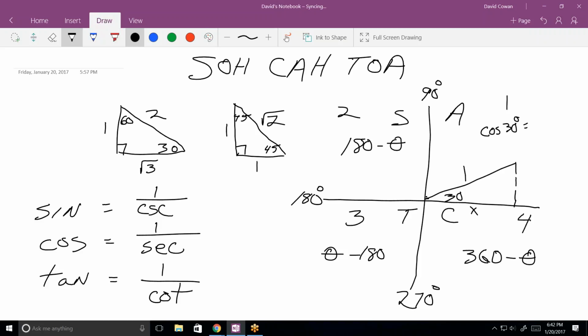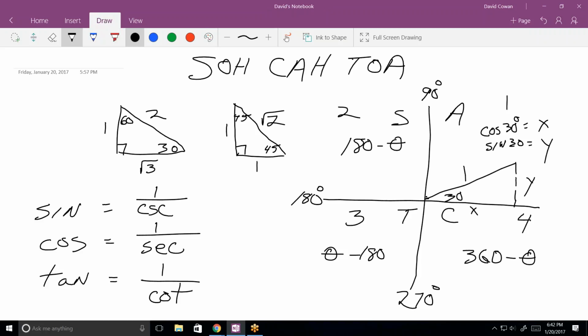What's cosine of 30 degrees? Based on my triangle. Just x. What's the sine of 30 degrees? Y. Okay. Now, that's critical.